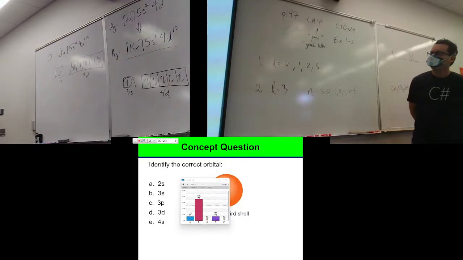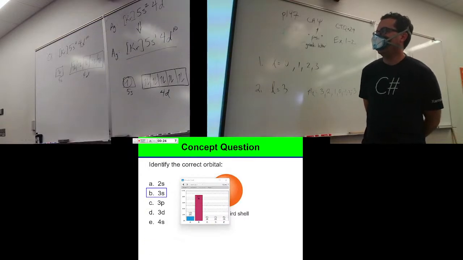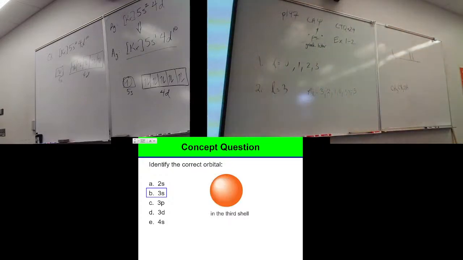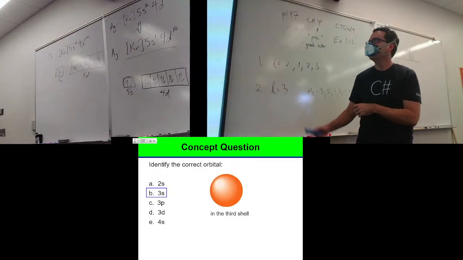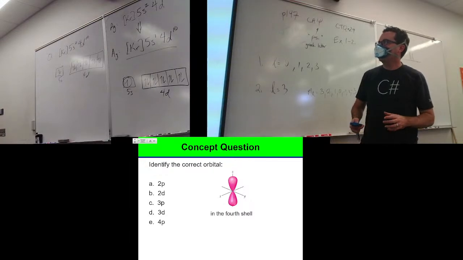Most people said B. It would be B. Yeah. If it's in the third shell and it's a round-shaped orbital, it has to be an s orbital. If it's in the third shell, it's the shell 3s. It's not a big trick or anything. So, what would this be?